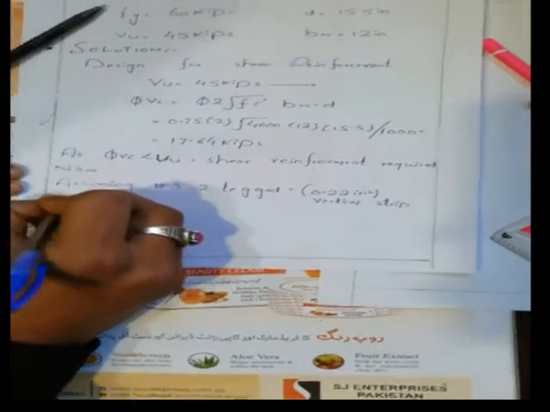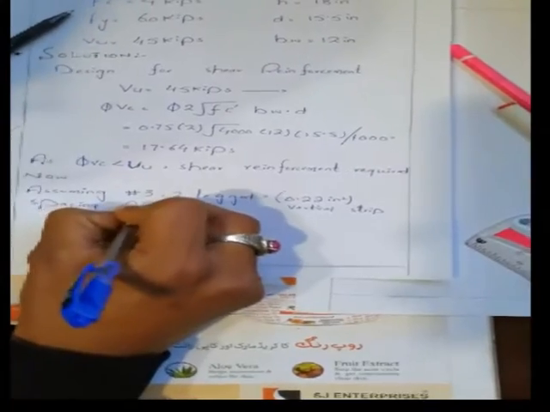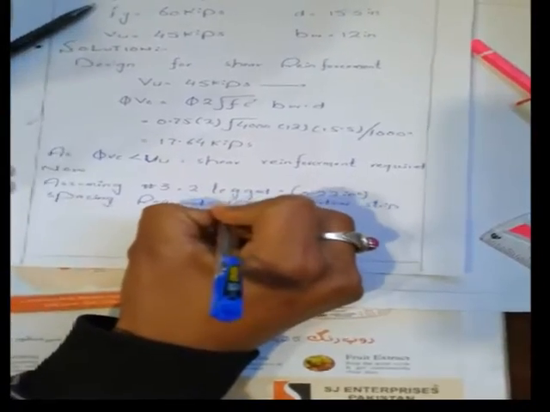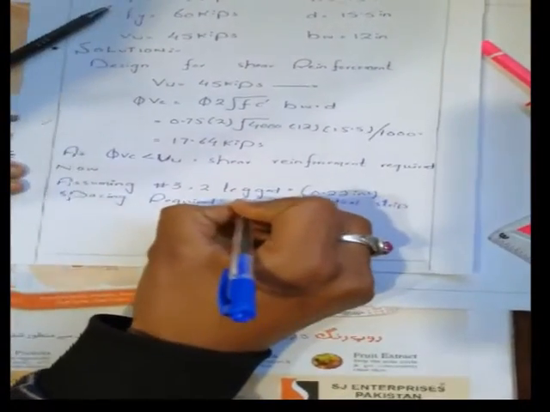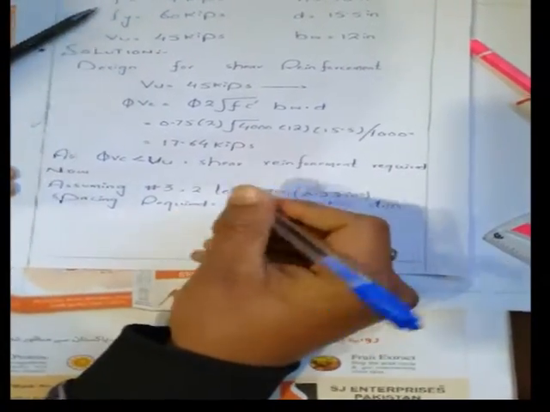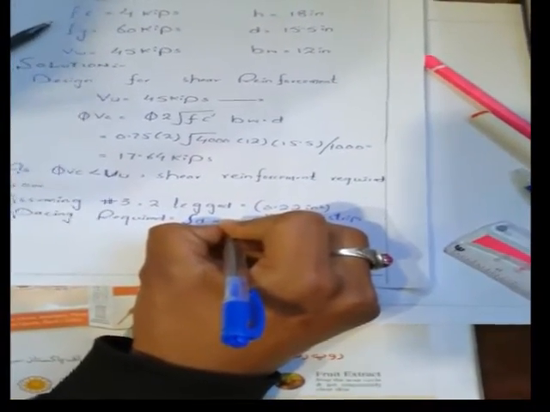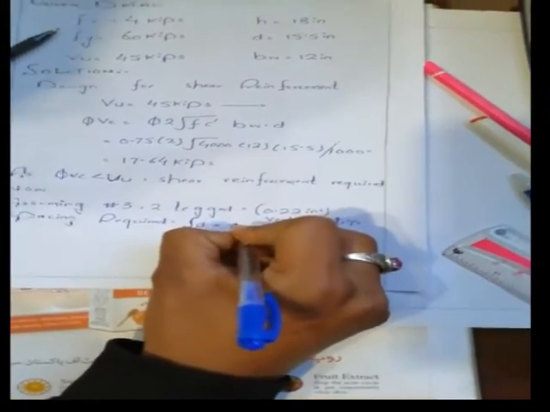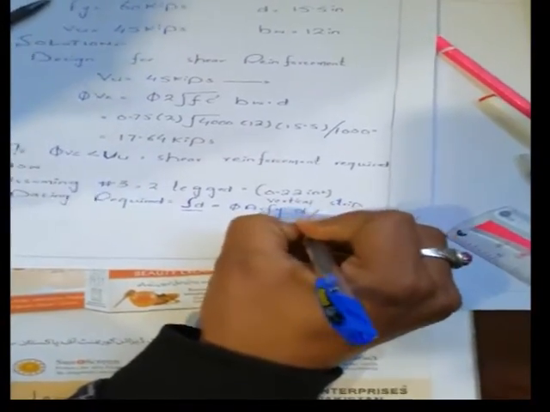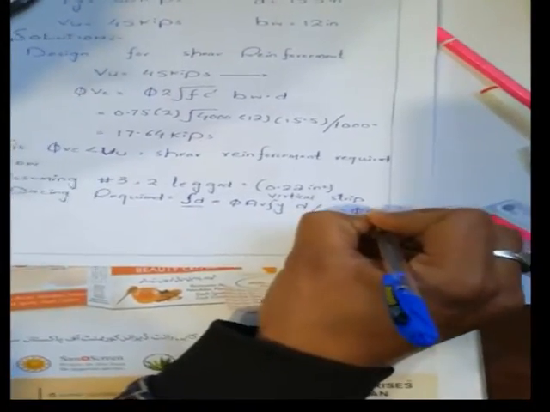Now to find out the spacing required for the stirrups, which is denoted by s, the equation for s is phi Av fy into d divided by Vu minus phi Vc.